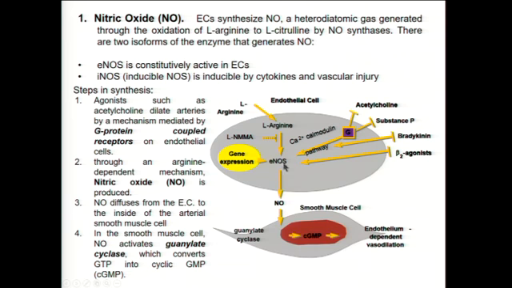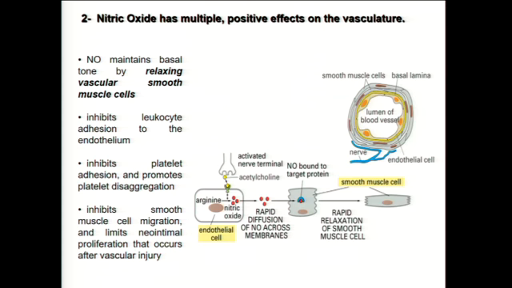G protein coupled receptor, arginine dependent mechanism, makes a gas that diffuses into smooth muscle cells. It targets guanylate cyclase. That changes the calcium sensitivity of the smooth muscle cell, which we'll talk about in just about an hour. So this is the big picture, okay?